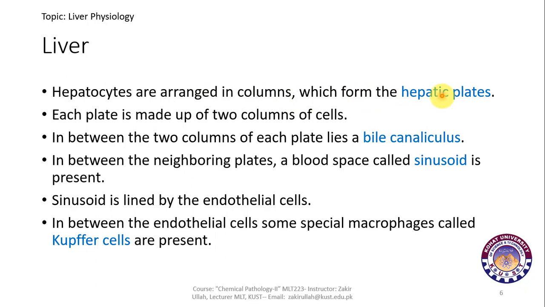Each plate is made up of 2 columns of cells, arranged parallel to each other, and between these 2 columns there is a bile canaliculi, a canal system for bile, where the bile flows and goes throughout the liver.